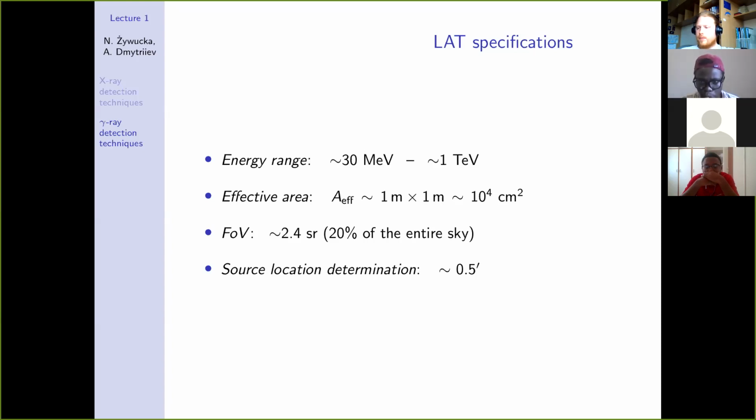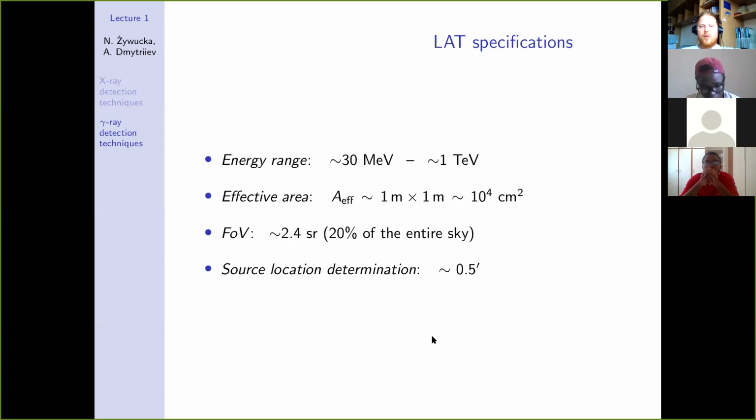So you can monitor many sources at once, and the observational strategy is different. So you can be sure almost every time that you will have the data of your source, because it's monitoring a big portion of sky.